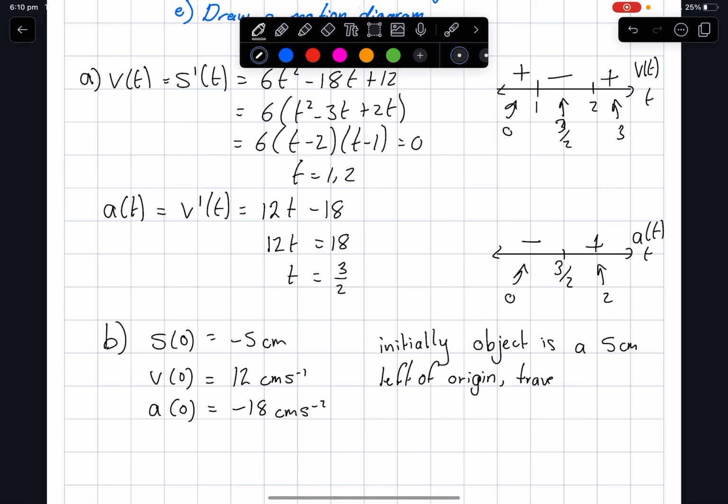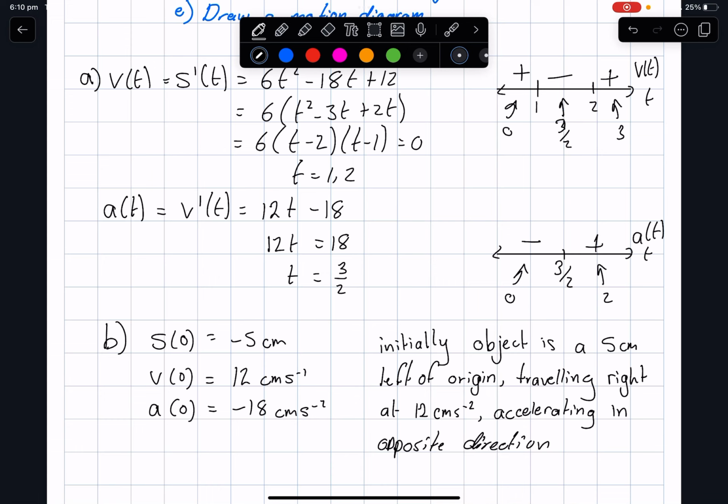Because my velocity is positive, it's traveling right at 12 centimeters per second and is accelerating in the opposite direction at 18 centimeters per second squared. Okay, so that little sentence just kind of sums everything up.